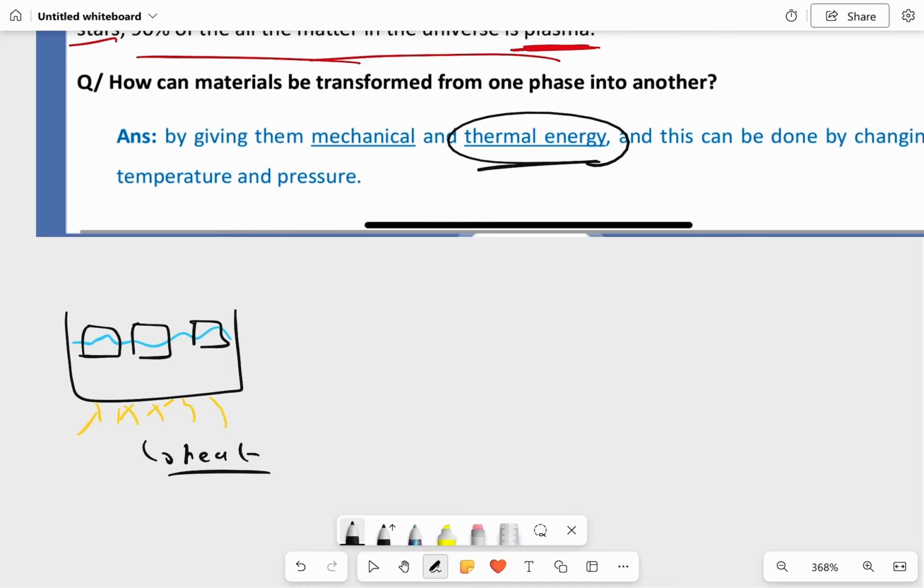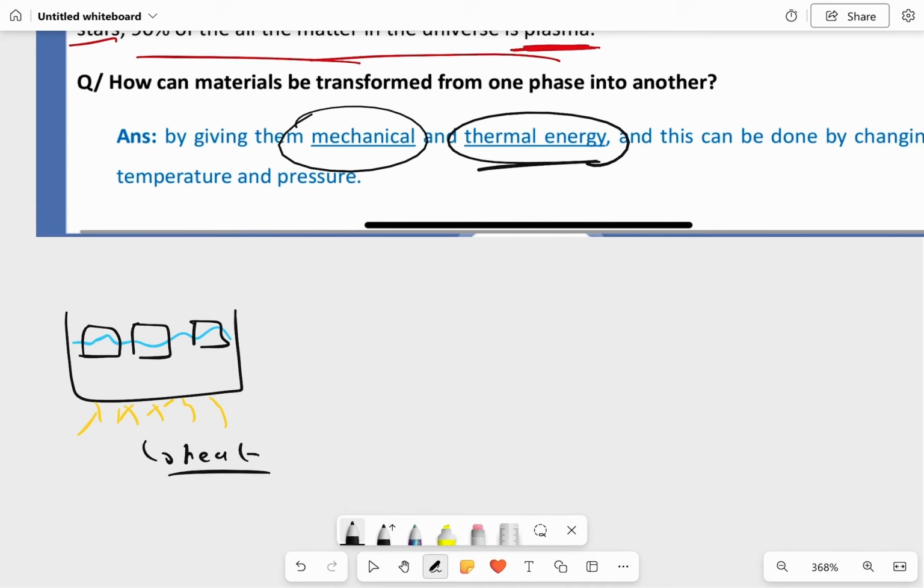Another way of changing this is by giving mechanical energy. What do you mean by mechanical energy? I'm sure you have all been drinking tea or other drinks. If you put sugar in it and stir the tea, you can see that the sugar melts faster. Why? Because you are giving the liquid some mechanical energy.